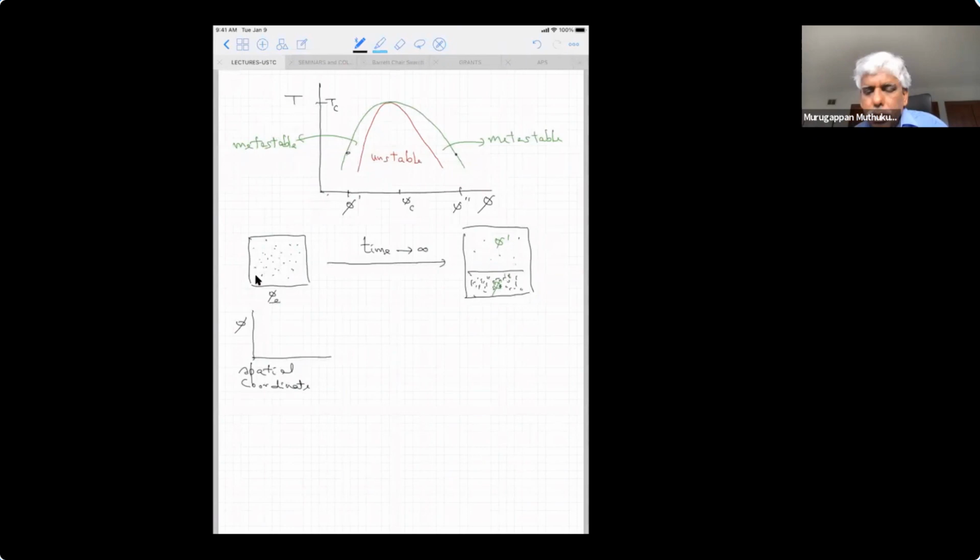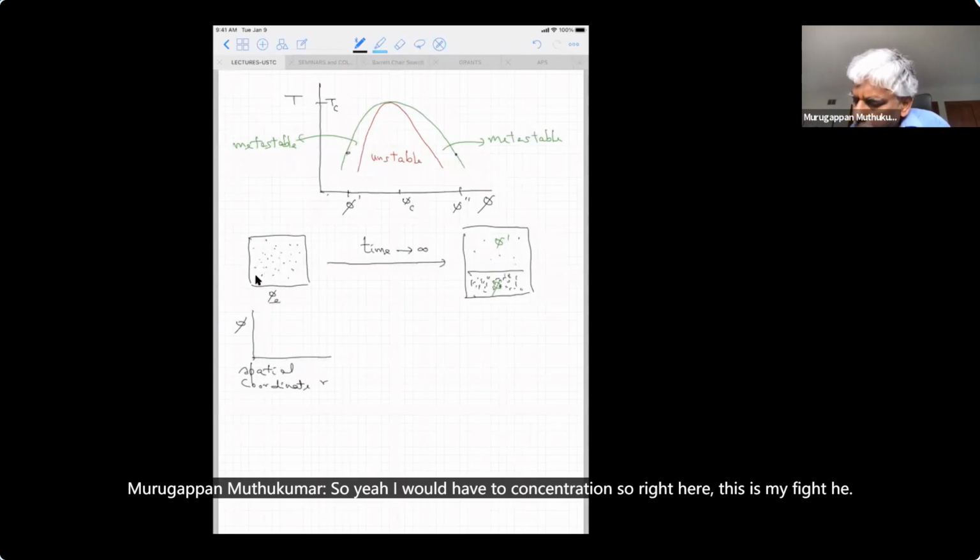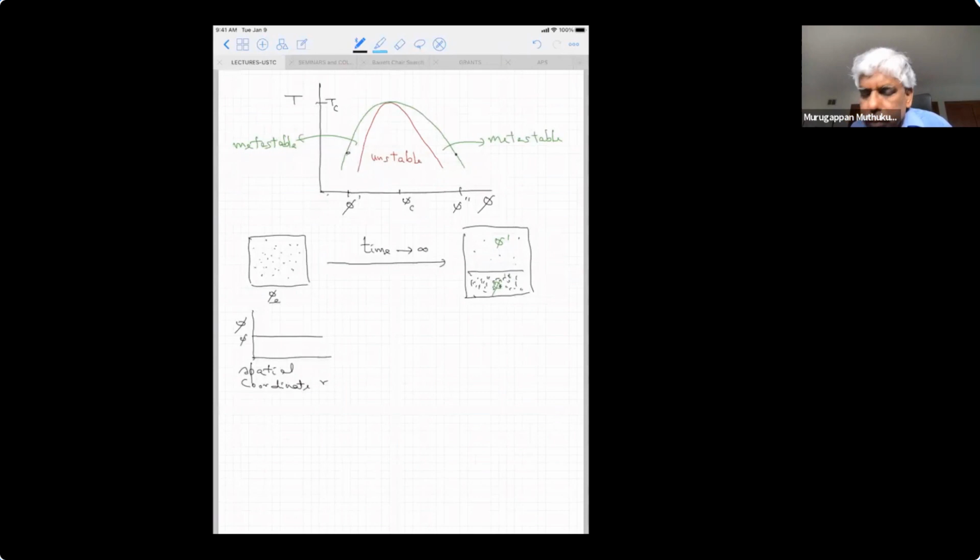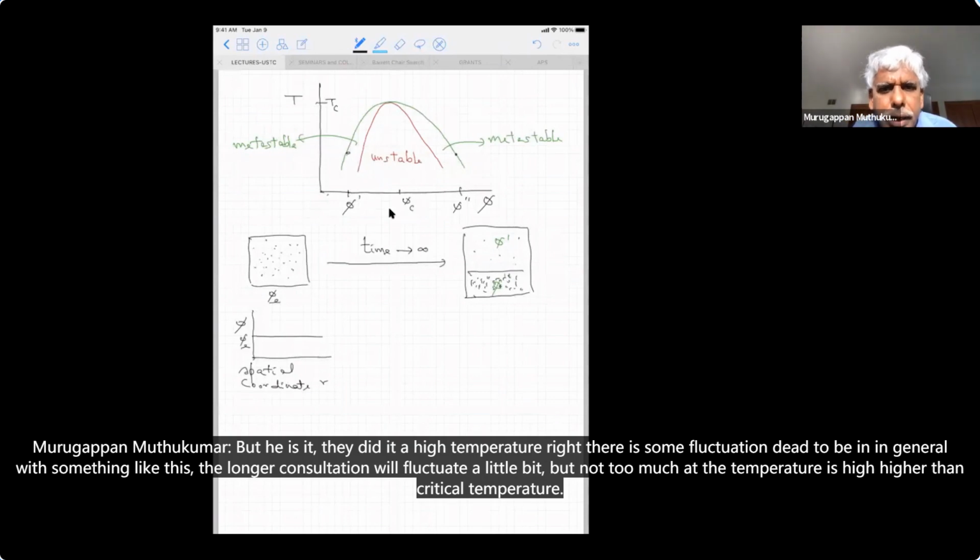Right? So the average concentration somewhere here. This is my phi E. But yes, this is at a high temperature, right? There is some fluctuation there. Yeah, in general, it will be something like this. The local concentration would fluctuate a little bit, but not too much at temperatures higher than critical temperature.